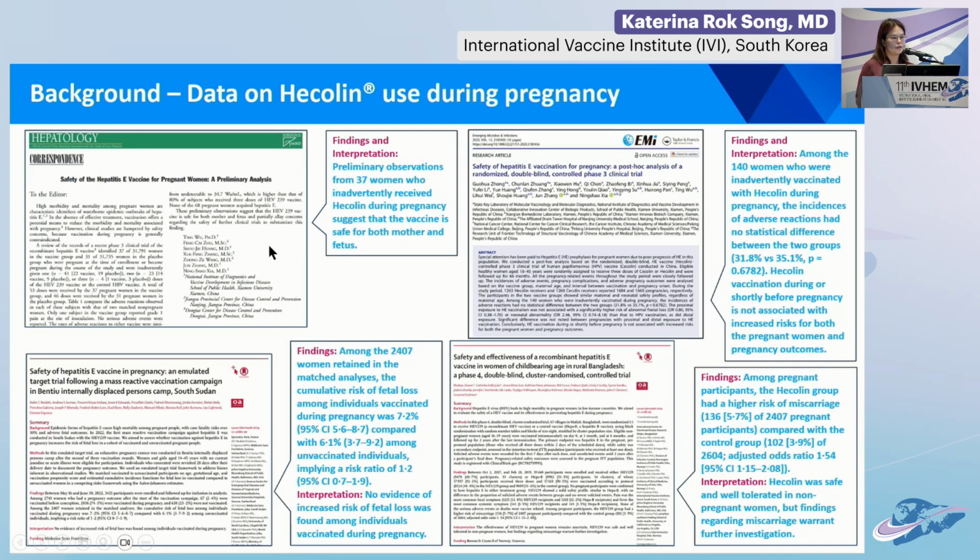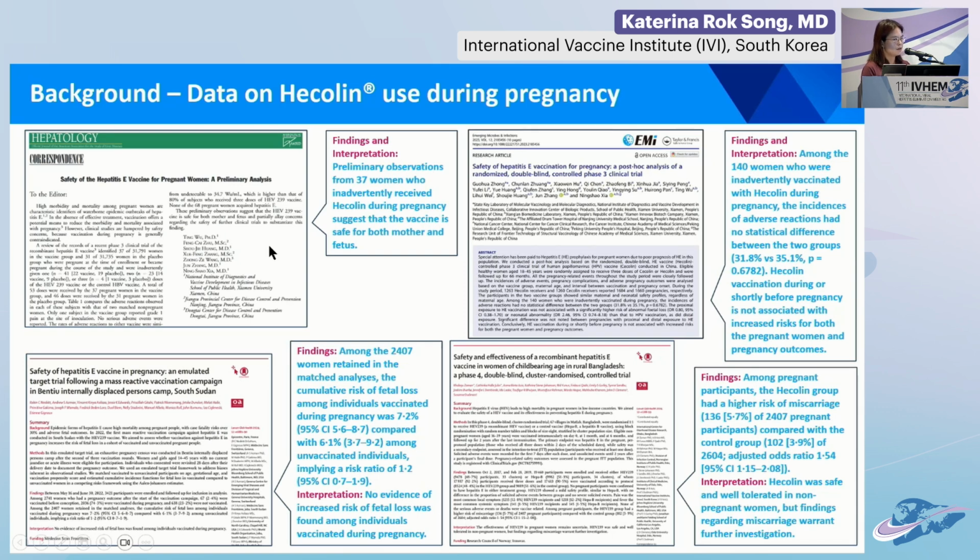The other is from their HPV vaccine phase 3 trial, which used Hecolin, the Hep E vaccine, as the comparator, and included 140 women who also inadvertently received Hecolin during their pregnancy. Both study results indicated that there is no increased risk if the vaccine is received during pregnancy.